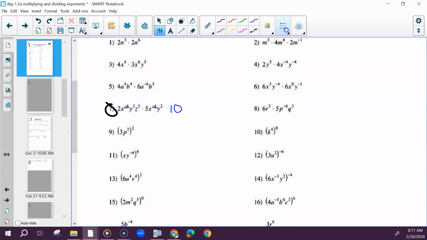So that would be negative 4 plus a negative 4 or negative 8. We have like bases of y's, 3 and 2, to the 5th. And then we have a random z that doesn't have a like base. So then of this, what would get changed is just the x. That would get brought down. Everything else would stay in the numerator. Questions on that one?